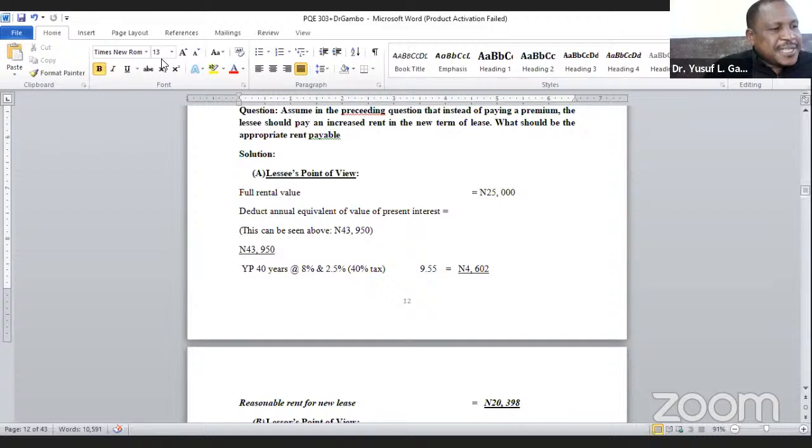You see the difference is not much. When you take the average of 18,000 and 20,000, we have 19,490, say 19,500. So that is when a premium is not required, rather a rent is increased. That is the only step you need to do. Please take note of that. Now, next question.